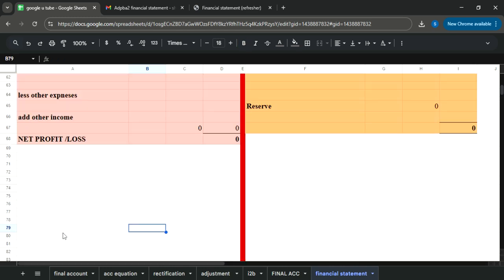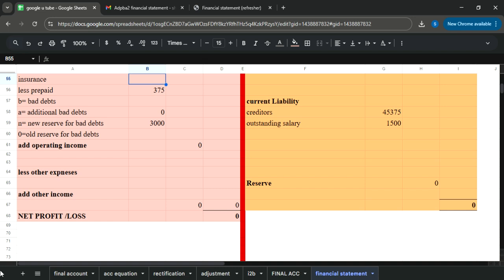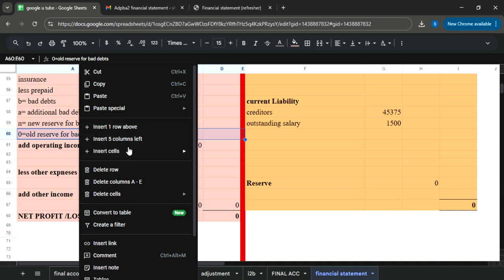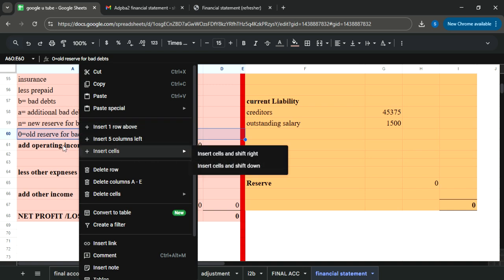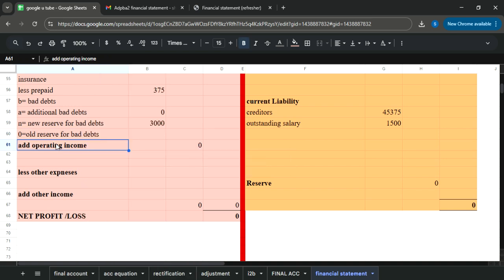So for that purpose again we will come over here and we need some space, and here you will insert a few cells. Now over here we need the space.